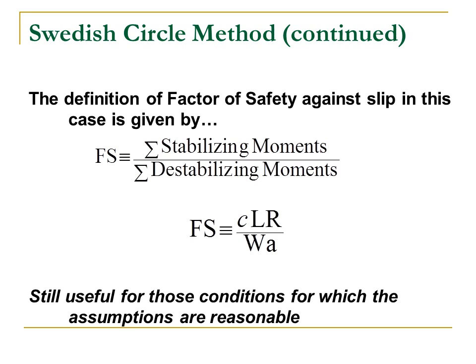Using a factor of safety approach, by analogy to the block case, the sliding on a single plane where we had the sum of stabilizing forces divided by the sum of destabilizing forces, we now have factor of safety defined as the sum of stabilizing moments divided by the sum of destabilizing moments. So our factor of safety in the Swedish circle method is CLR over WA.